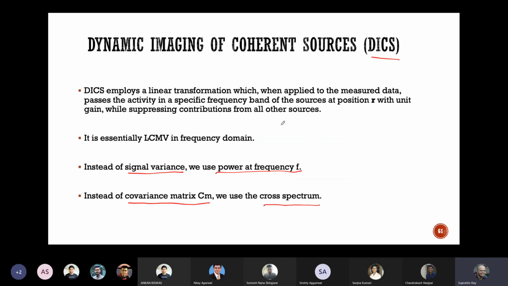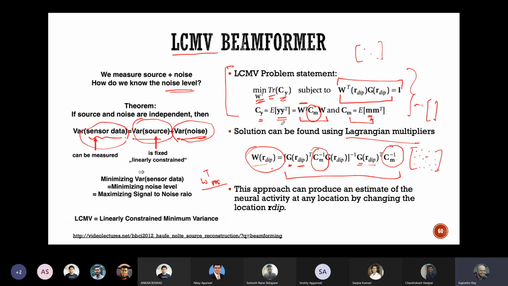And the reason why this is important is now because I can ask, where are the gamma sources in the brain? So I could have done it in this domain also. I could actually solve it in the time domain. So then I get a source vector, which is a function of time.